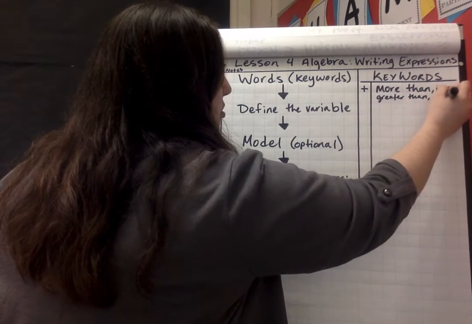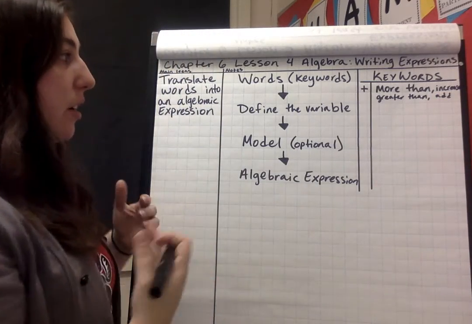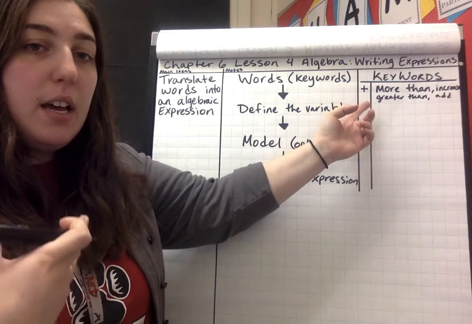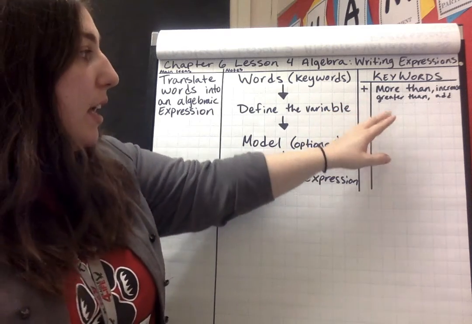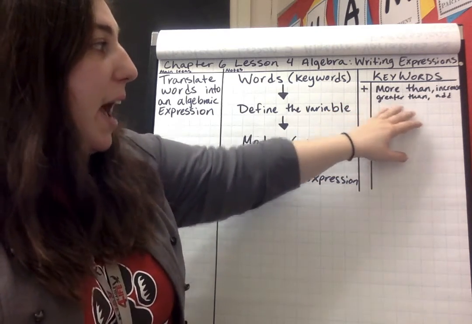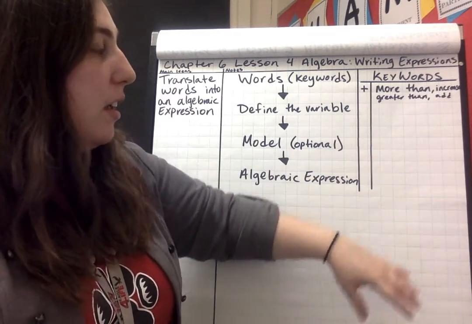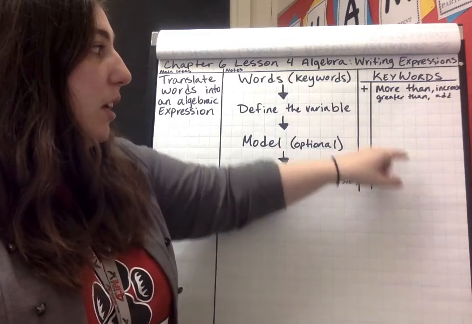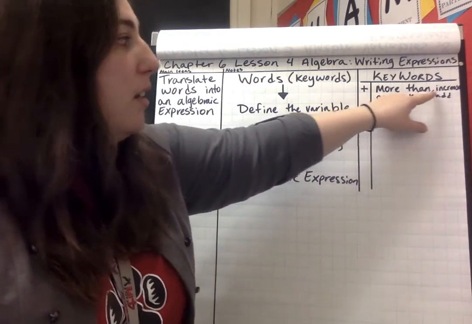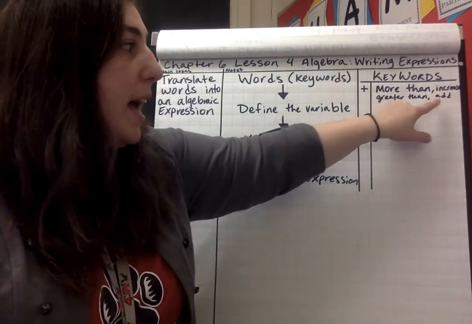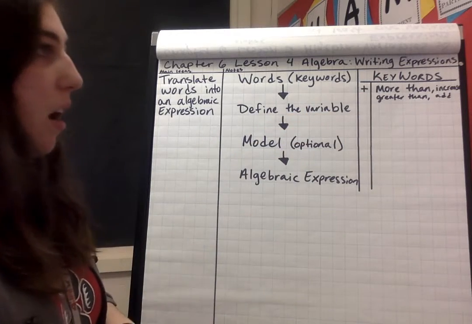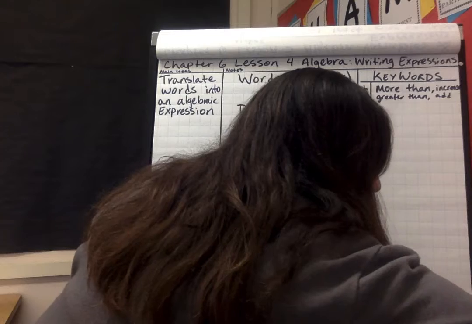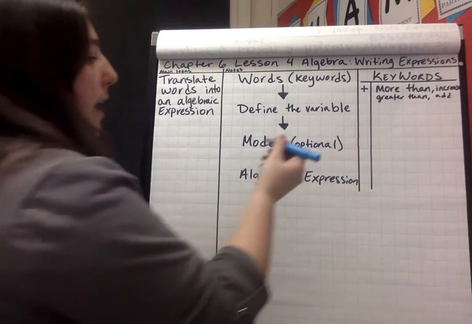Okay, so those are just some words that could make us think of addition, or give us a hint that we're adding. And I apologize, I have to write small over here. I can kind of bring the computer closer at the end of the lesson though. So more than, an increase, greater than, and add, those all tell us that we are adding. Just going to highlight that.